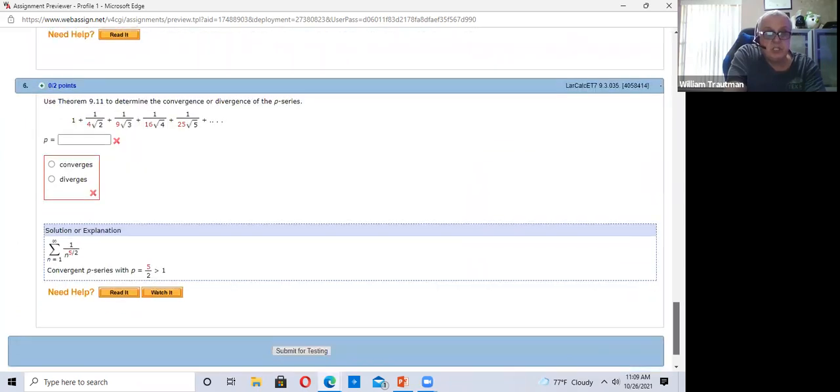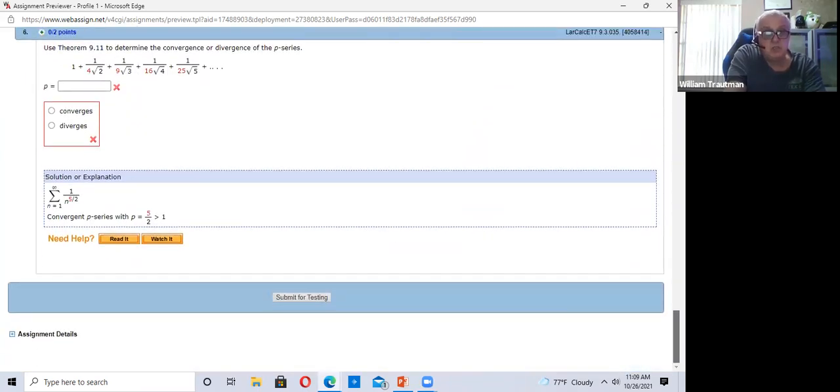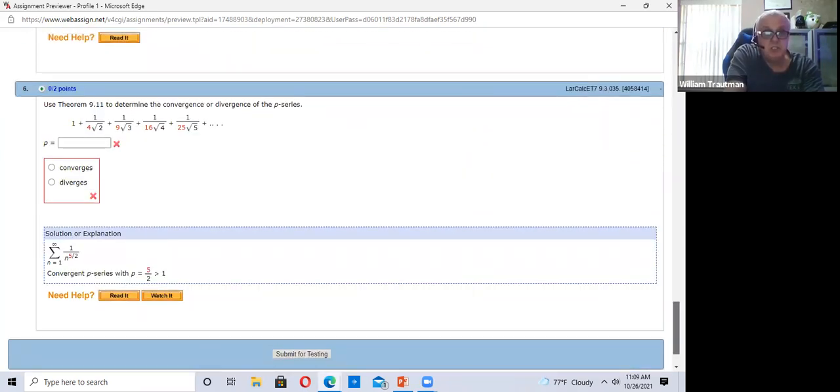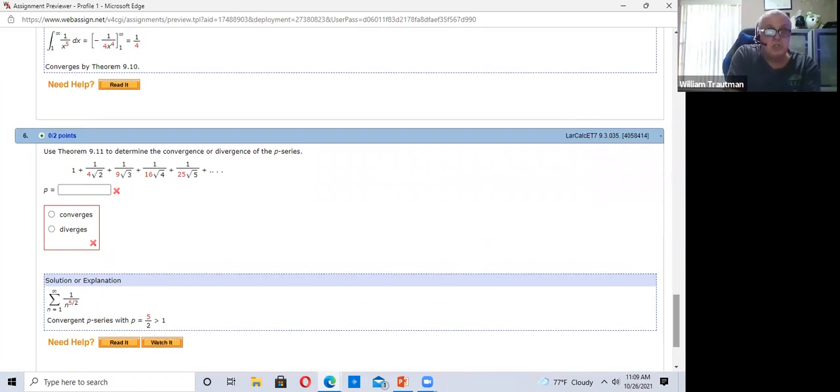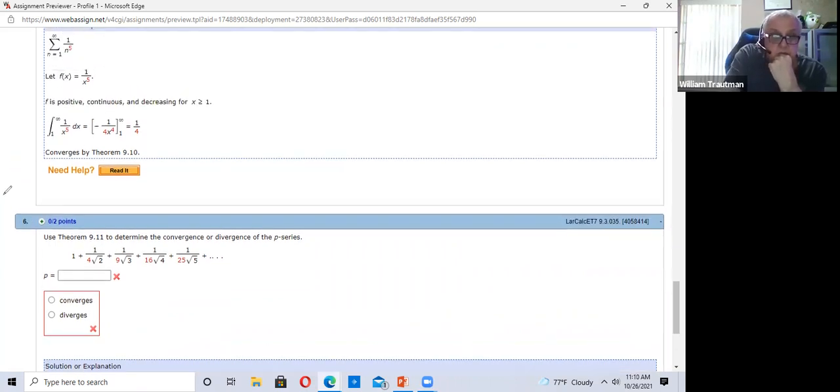So I'm only going to do a couple of these. This might be too quick of a session. Maybe I should have done two sections. So this is the section I wanted to look at. Question 6 without the help. And it says use theorem 9.11. That's the P series.